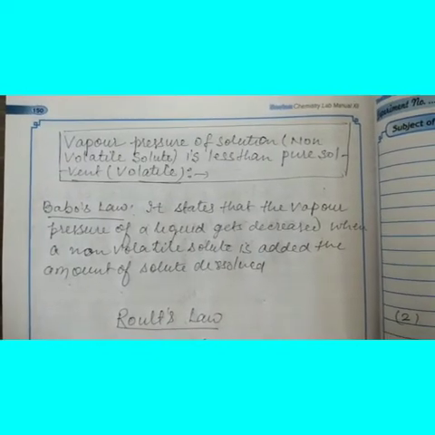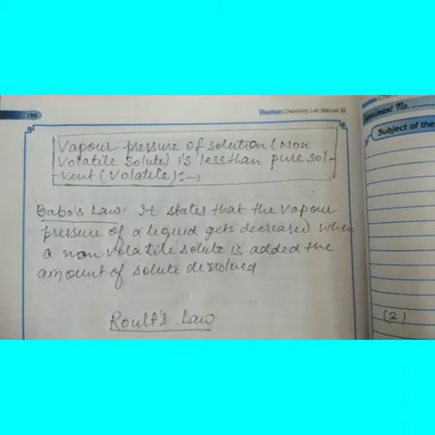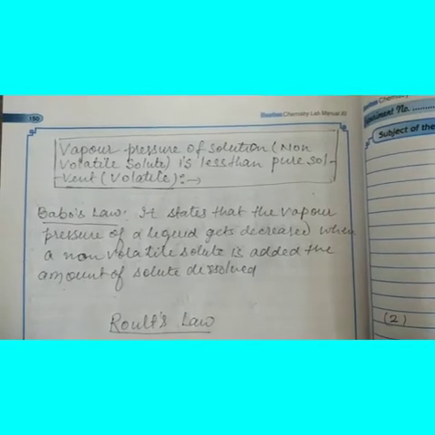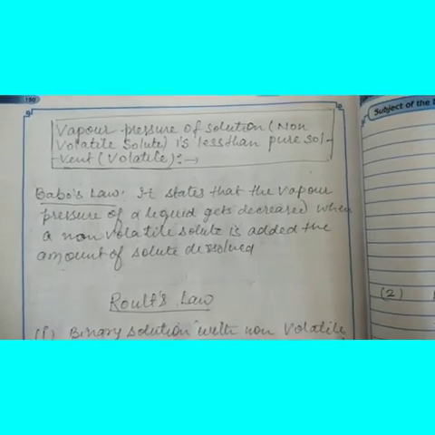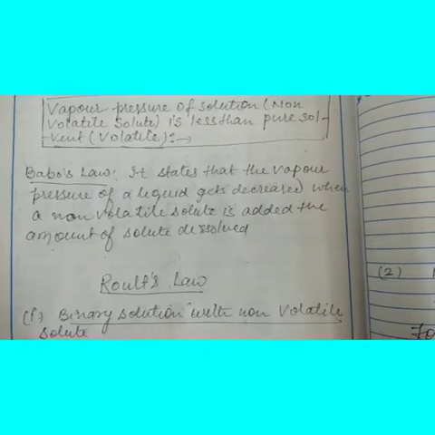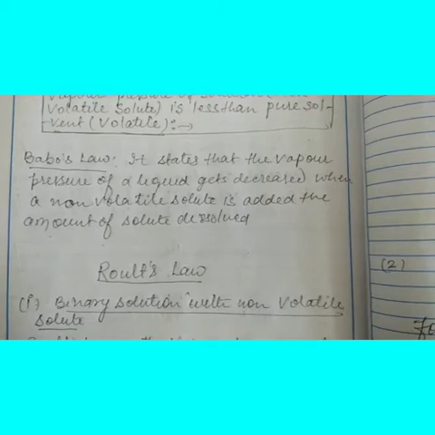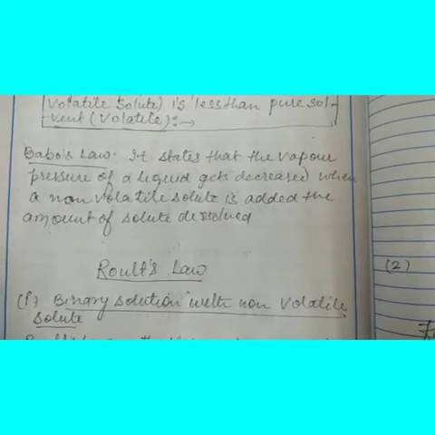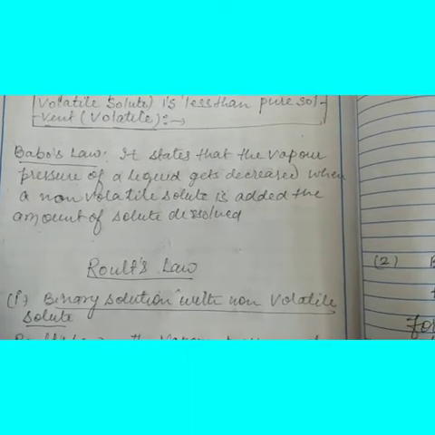This is the next topic of solutions, and the topic is related to the decrease in vapor pressure due to dissolving a non-volatile solute, and it is explained by Babo's law. Babo's law states that the vapor pressure of a liquid decreases when a non-volatile solute is added, because the non-volatile solute makes a bond with the volatile solvent.